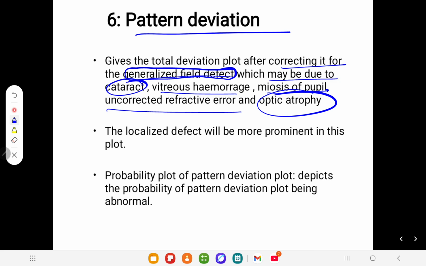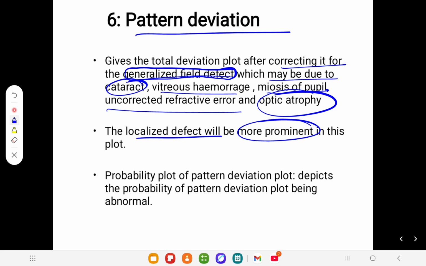And then what remains if we cut out the generalized field defect? What remains is the localized field defect, which is more prominent and eventually helps us in the diagnosis of glaucoma, isn't it?